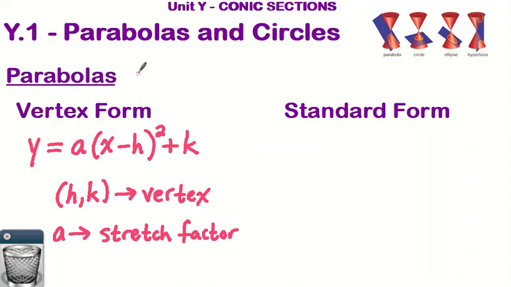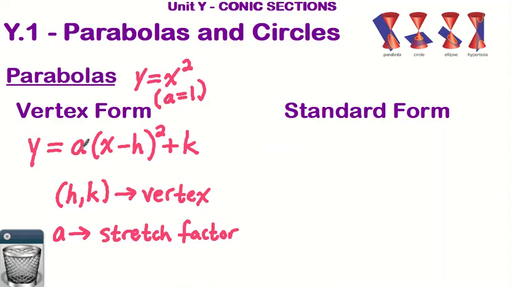Y equals x squared has a certain graph, a certain basic shape. It's the most basic parabola you can have. Remember, we call it the parent function. And so here your a value is basically 1.